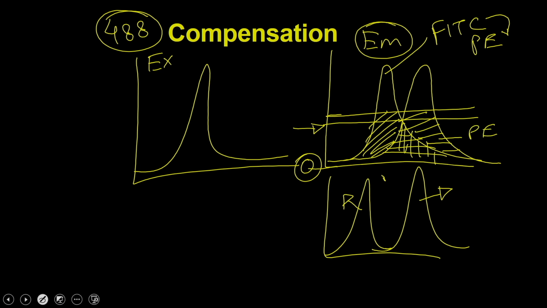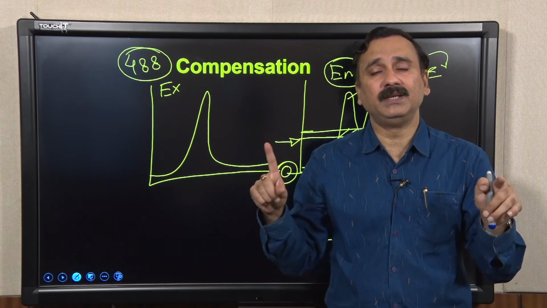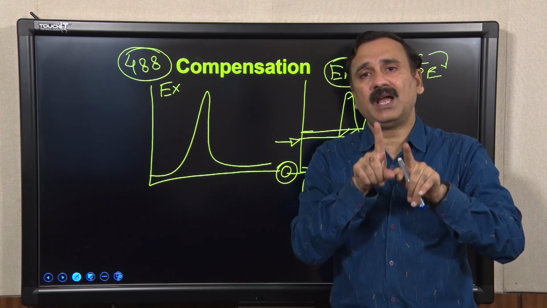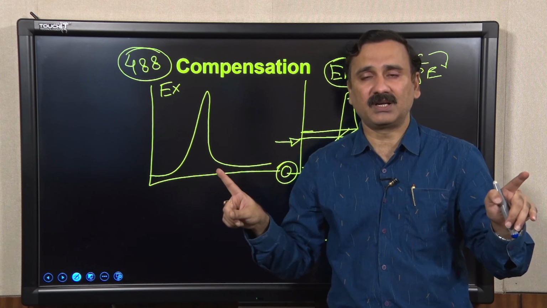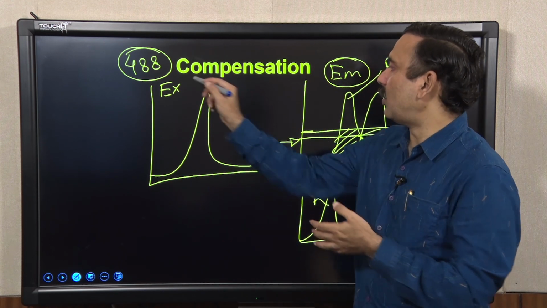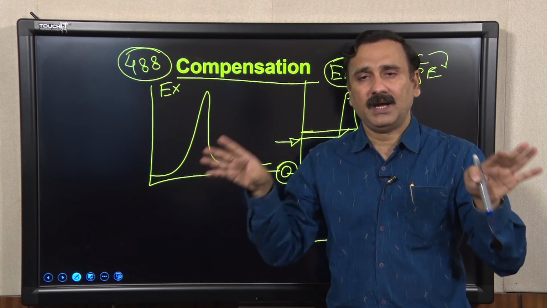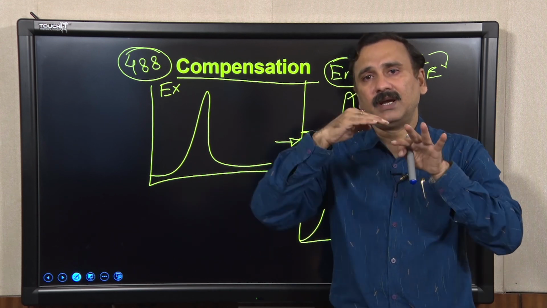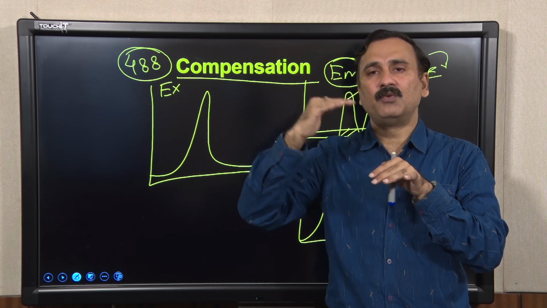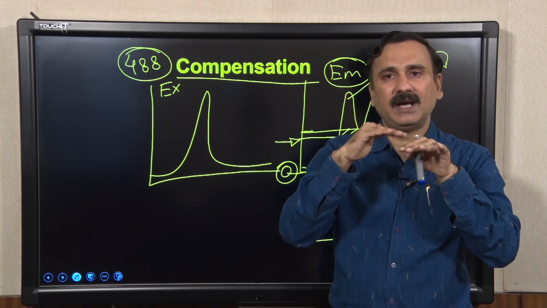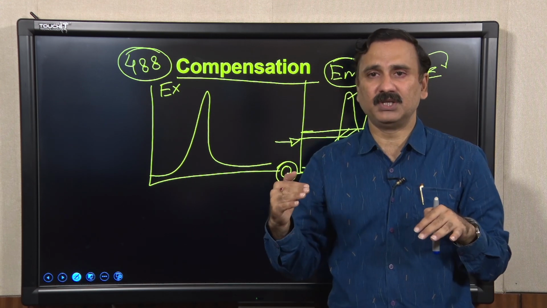these are the things you have to do when you are using two different dyes which have overlapping emission spectra, and that process is called compensation. When you use the two dyes, the software is going to do the analysis and tell you how much of the background signal you have to uplift so that you will be able to overcome it.